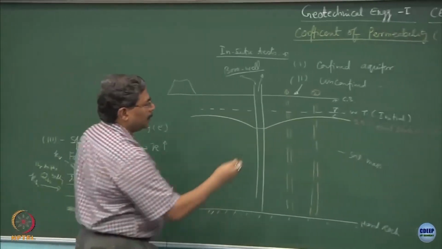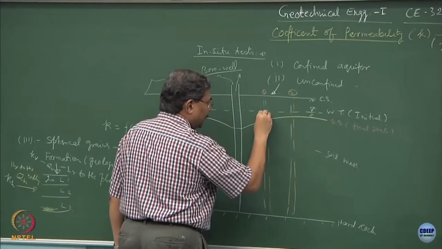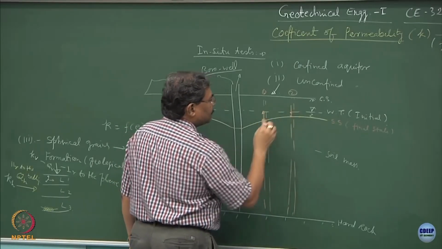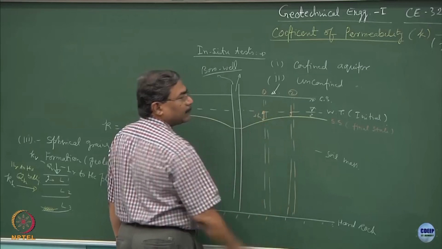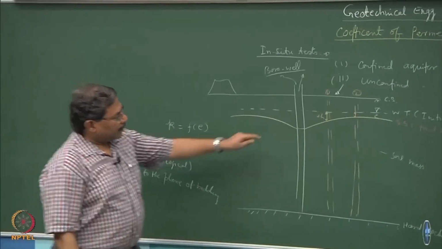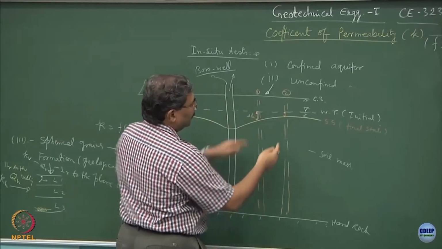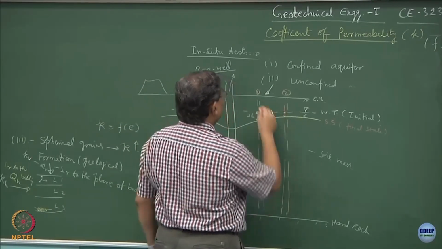How much the groundwater has depleted. Delta H in both the cases. So, this is the ground, this is observation well number 1, this is observation well number 2.